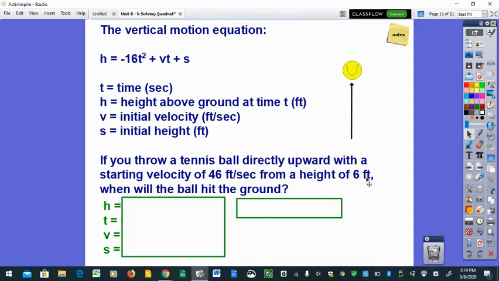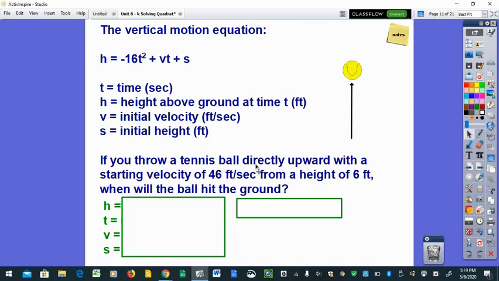So what is this 6 feet? We already have the V. Is that the S, the H, the T? It is a height, so it has to be S or H. And the question is, is it the start height, or is it the height at a given time other than the start height? And you'll see that we start at 6 feet, so this 6 is going to be the S.